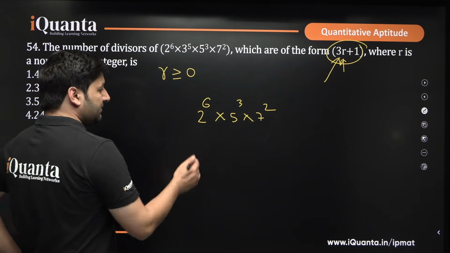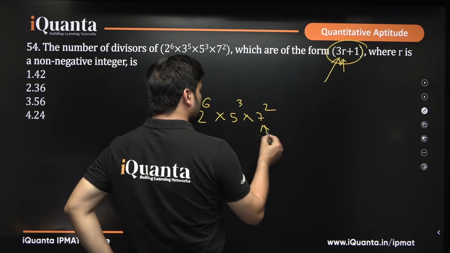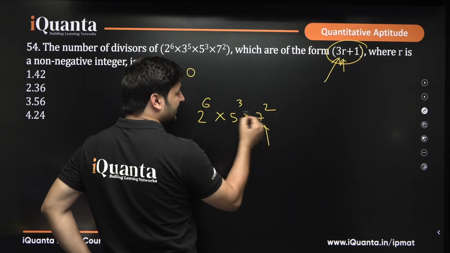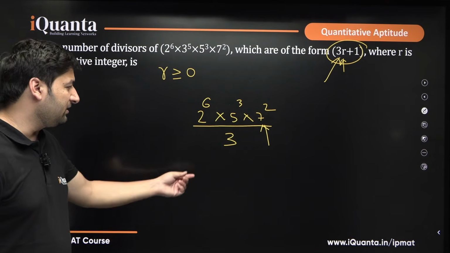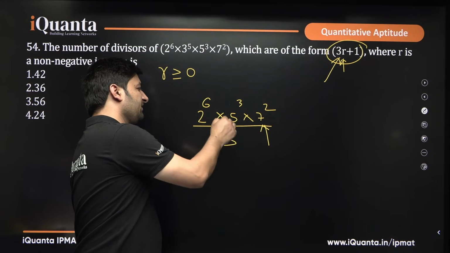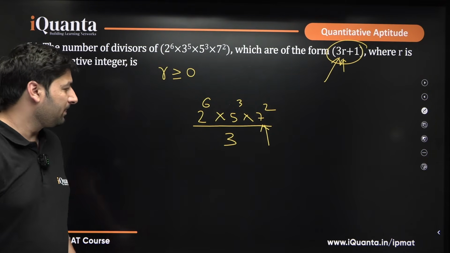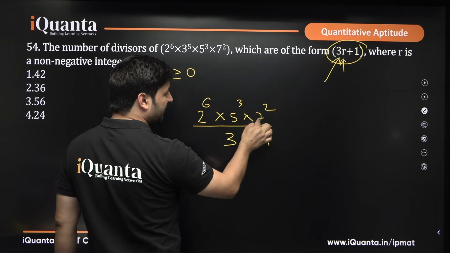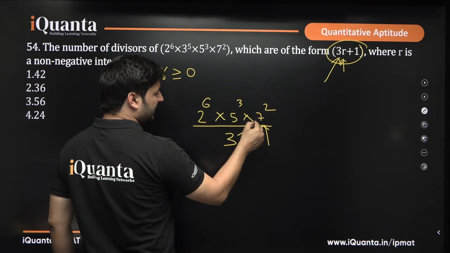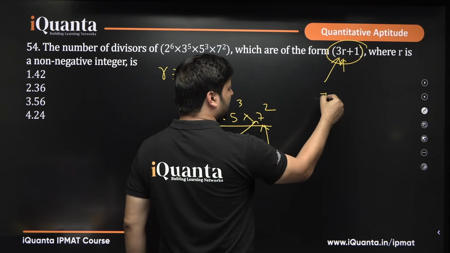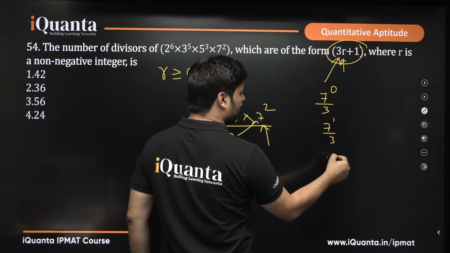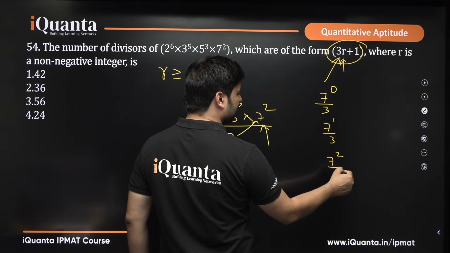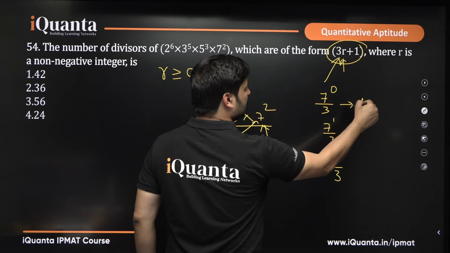Okay, what do you see here? Suppose you divide this particular number by 3. I hope you remember my remainder classes. I told you that the divisor disturbs everything above. Okay. Whether you divide 7 to the power 0 by 3, or 7 to the power 1 by 3, or 7 to the power 2 by 3, whatever you divide by 3, the remainder is always 1.